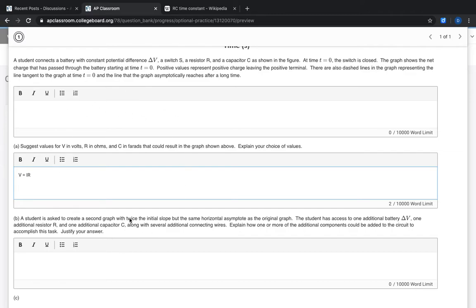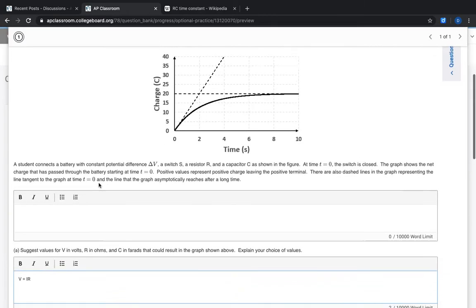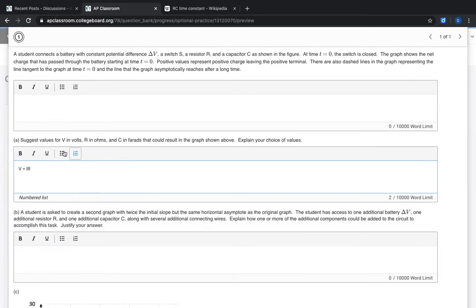It seems like they are adding these text boxes into the problems. I think last time it gave you room to upload things, but I'm wondering if they are going to have us actually type in our answers here. From now on, I'm not really sure. I'm still getting some information about that, but voltage equals I times R.